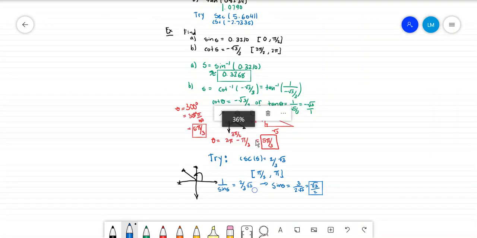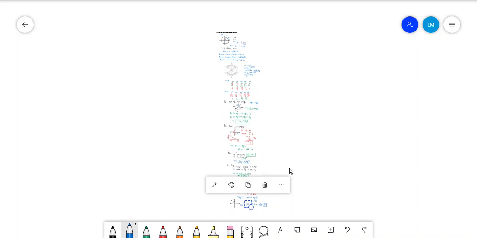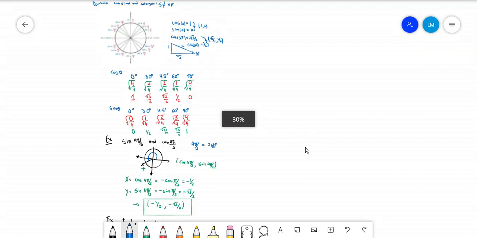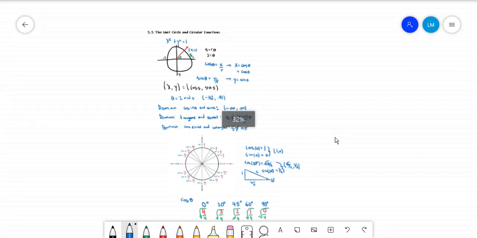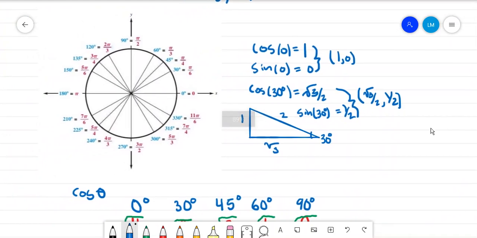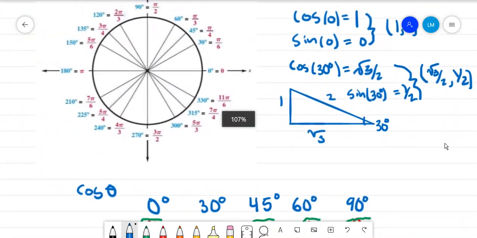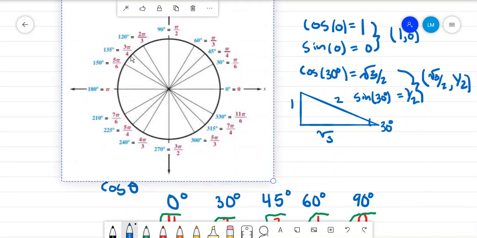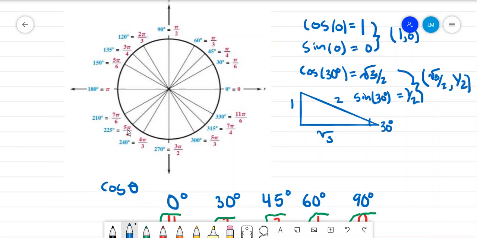Then of course, if you just scroll to this portion, this portion at least gives you the unit circle and the radian measures, which at that point it's just a matter of figuring out the ordered pairs now.